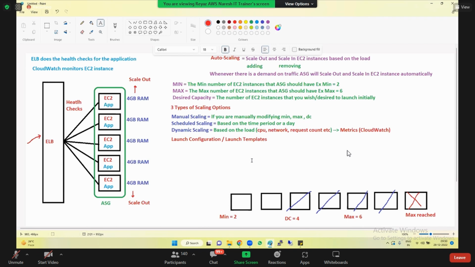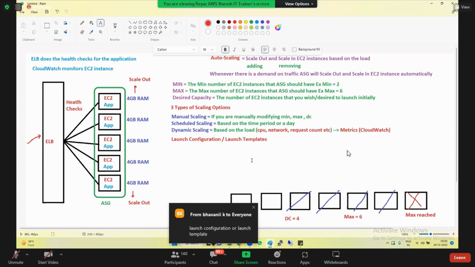And now I need the same EC2 instance, I need 100. Do you go and launch 100 EC2 instances with the seven steps each? What will you do? You create a template out of it, no? Yes.